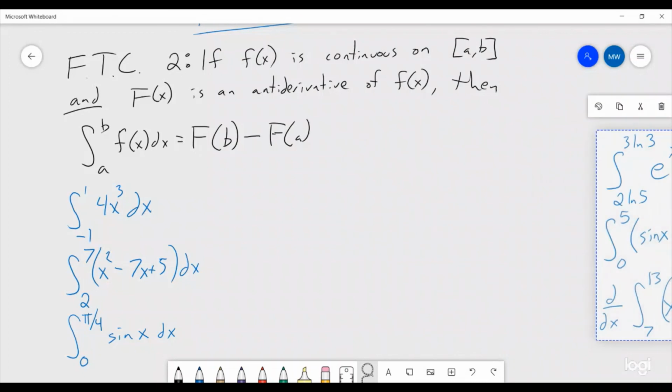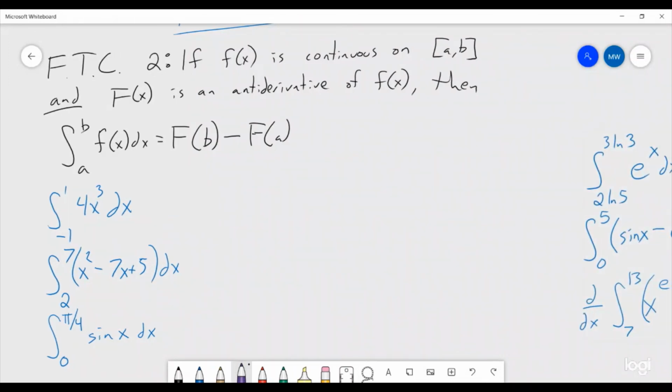Okay. So this first one, integral from -1 to 1 of 4x cubed. Well, what is an antiderivative of 4x cubed? Well, one antiderivative is just x to the 4th. So we want to evaluate x to the 4th from -1 to 1. That is what this vertical bar with those values there means.